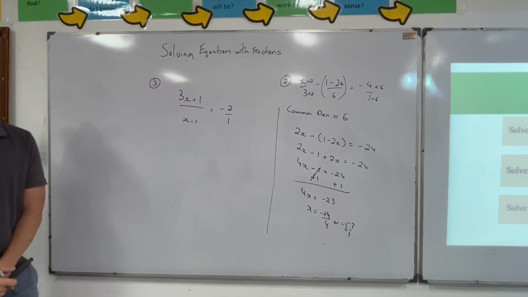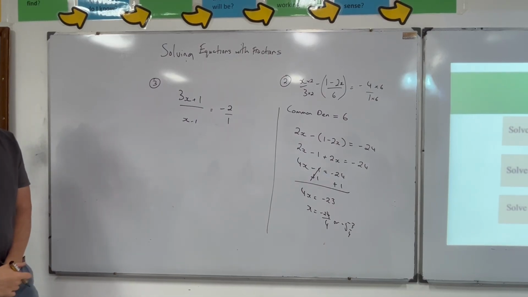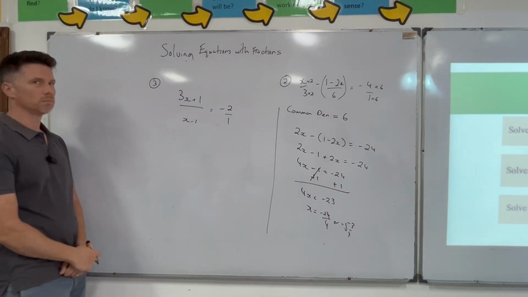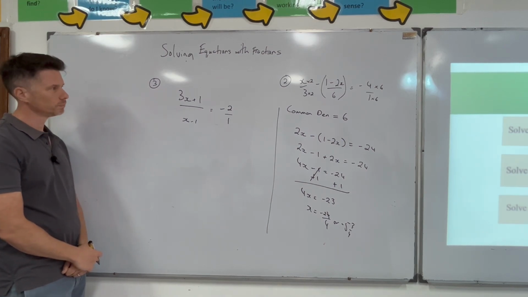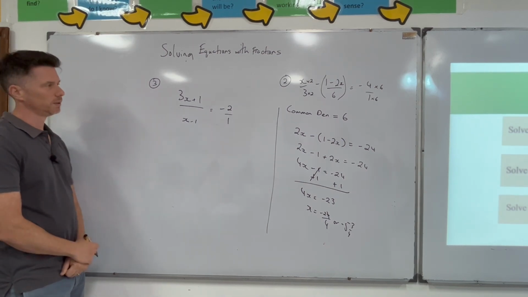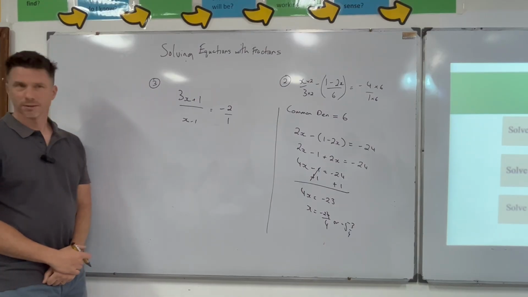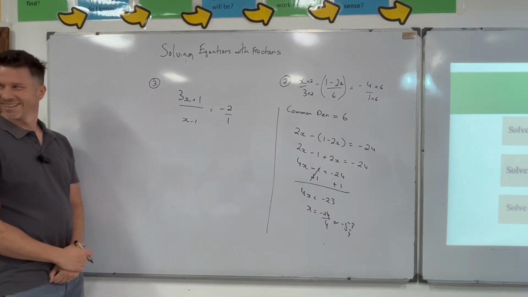What's my lowest common denominator here? Negative 1? No. 1. 6? Definitely not 6.